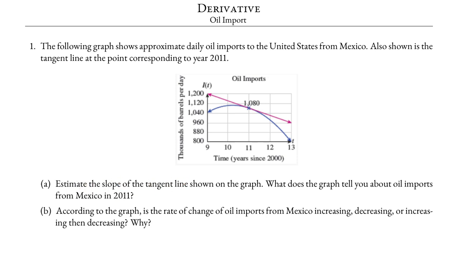If the graph is given, usually we pick the 2 points that are at the intersection of the grid lines. But again, any 2 points on this line would do. The first point on this line is when t equals 9 and the output I of t is 1200.